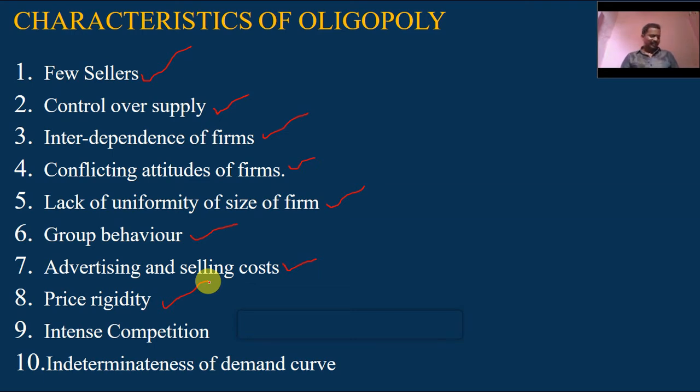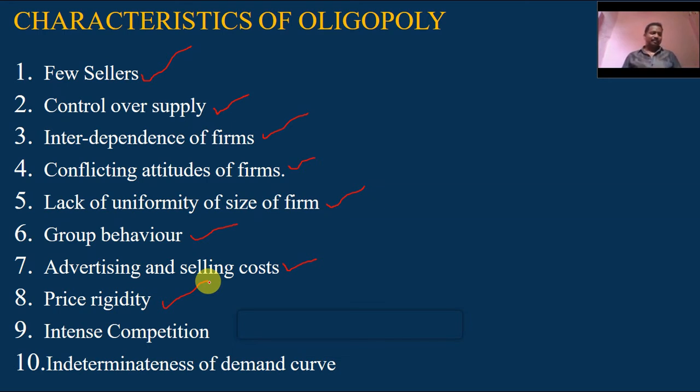Generally, the price tends to be sticky or rigid under oligopoly. This is because if one of the firms changes its price, other firms may also resort to the same technique. That's why the price remains rigid or stagnant.